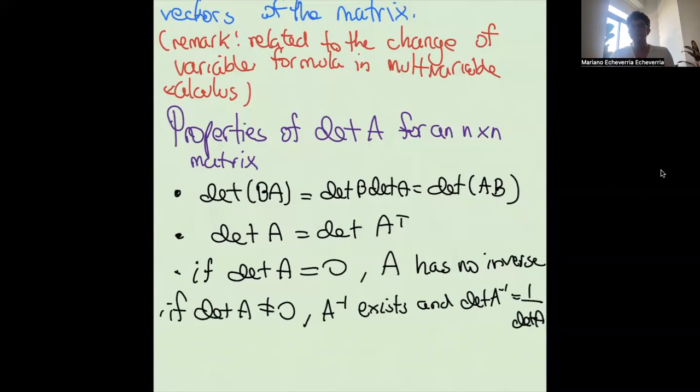So the determinant is essentially what tells you whether you should waste your time trying to find an inverse. If it's 0, don't even bother. If it's non-zero, try to find the inverse, and you will even know the formula for the determinant of the inverse.